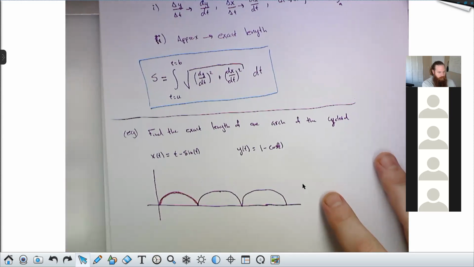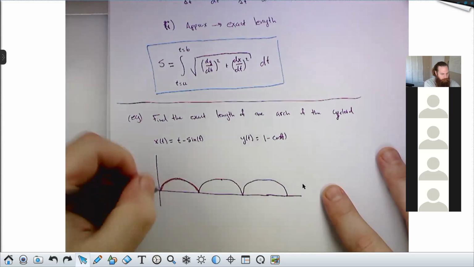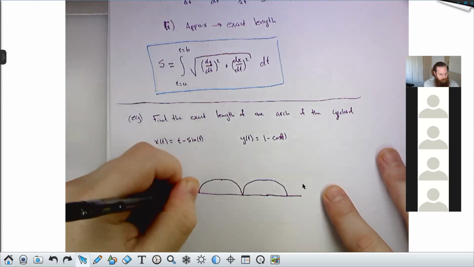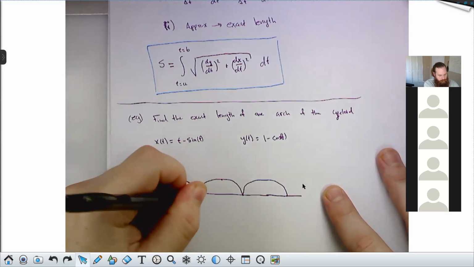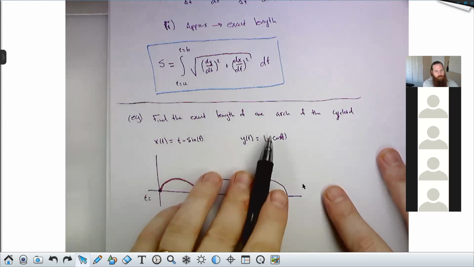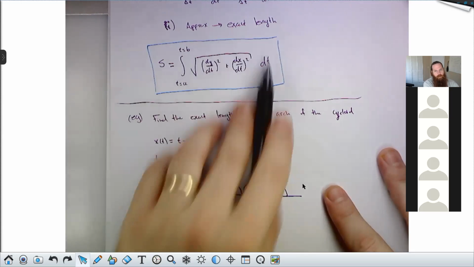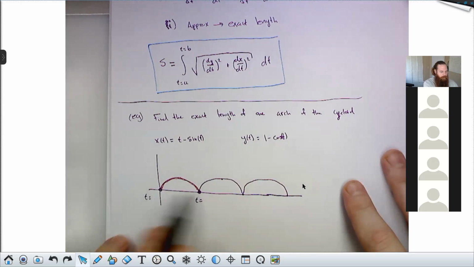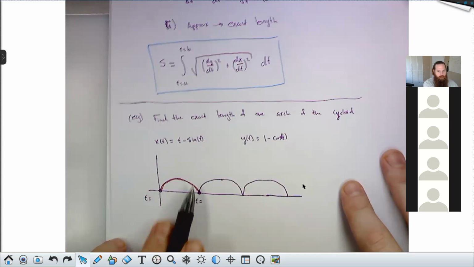So before I get started, I need to know, what are the t values there? And then I'll need to take these derivatives and plug everything into this formula. The easiest way to find these t values: these are the first two positive solutions to y of t equals 0.